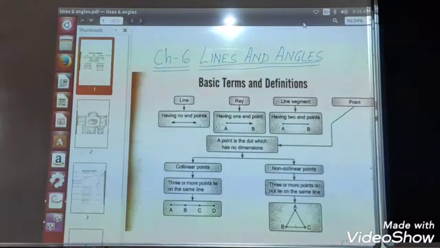And for non-collinear points, a triangle ABC is drawn where all the 3 points do not make a single line. You can see AB is making a line but C is not there. BC makes a line but A is not there. AC makes a line but B is not there. So, there are 2 types of points, that is collinear and non-collinear.